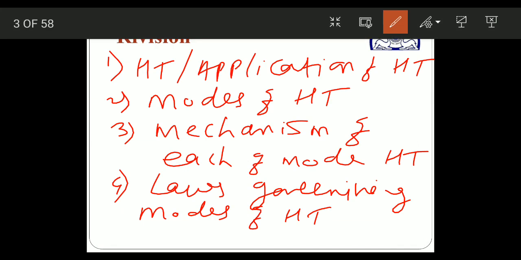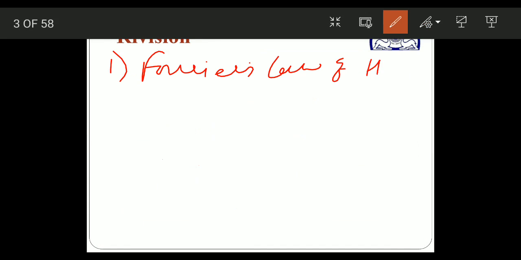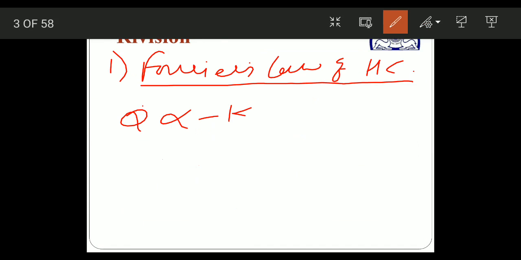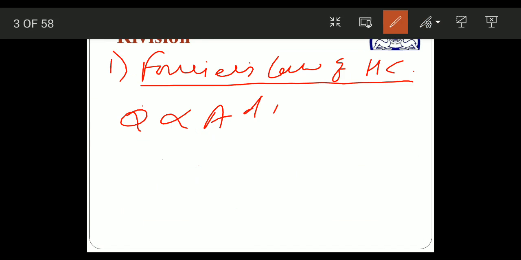In that, we saw that the first law, for conduction, is Fourier's law of heat conduction. What is this law? Rate of heat transfer is directly proportional to A into dT by dx, and that is equal to minus k into A into dT by dx.